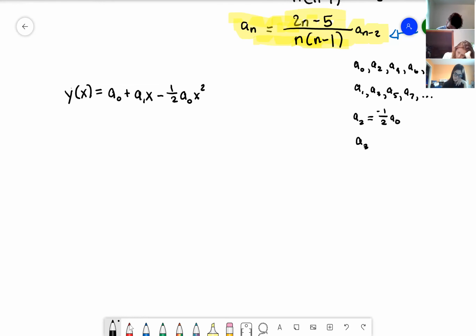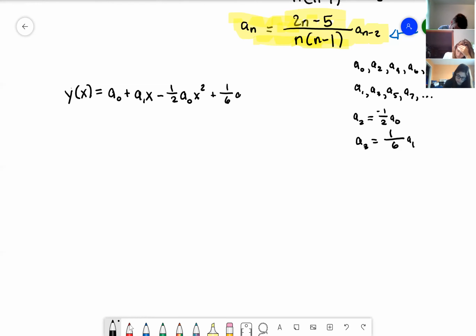Now a3, excuse me, is going to be 6 minus 5. That's 1 in the numerator. 3 times 2, that's 6 in the denominator, times a_{n-2}, so that's a1.